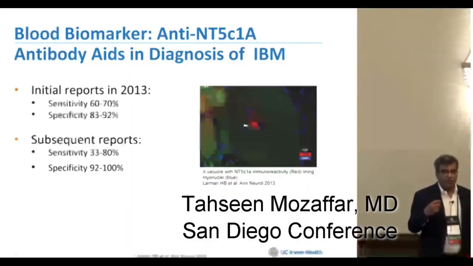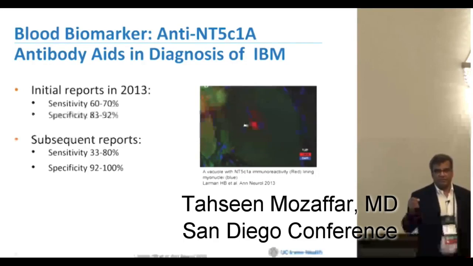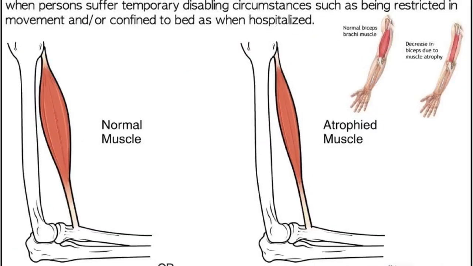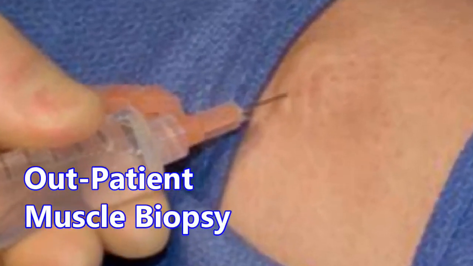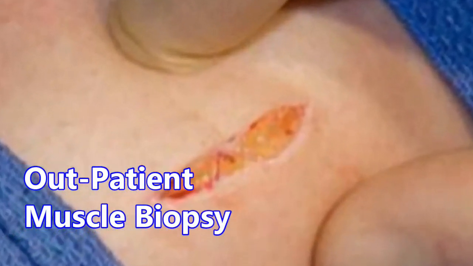So the rule we follow is if somebody has anti-5C1A antibodies, they either have IBM or they're about to develop IBM. With many of the quadriparesis causes listed above, one could only hope that a final diagnosis would include one that could be fixed with a medicine or treatment.